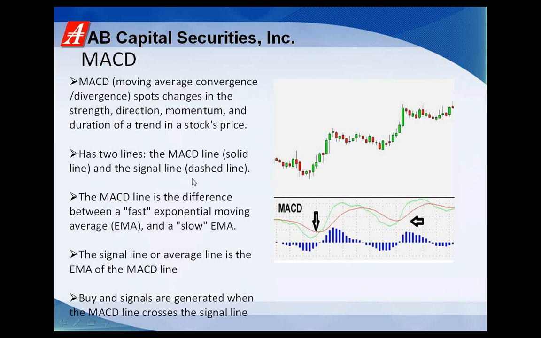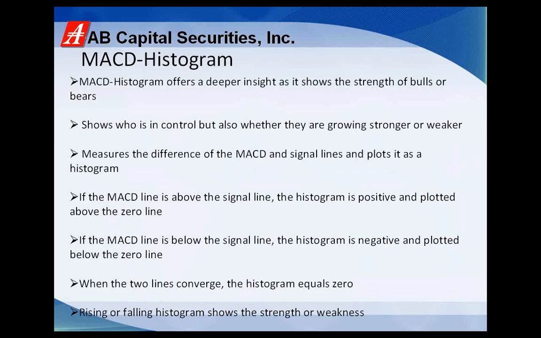A variation of the MACD is the MACD histogram, which offers deeper insight. It shows the strength of the bulls or the bears in a particular issue. The formula for the MACD histogram is basically the difference between the MACD and the signal line, and it's plotted as a histogram. So if the MACD is above the signal line, the histogram is positive and plotted above the zero line.